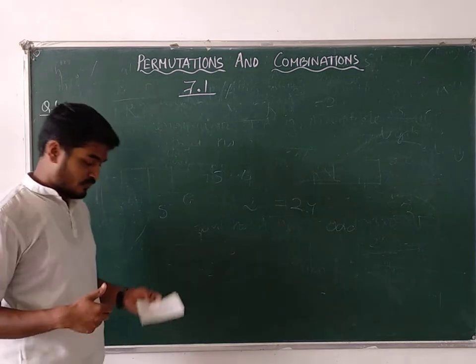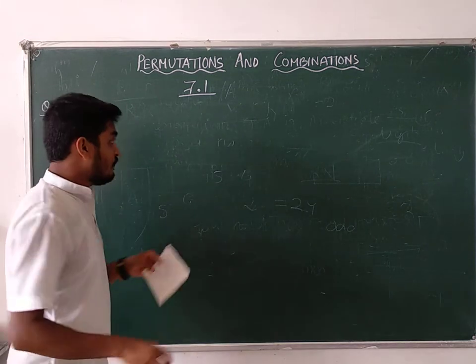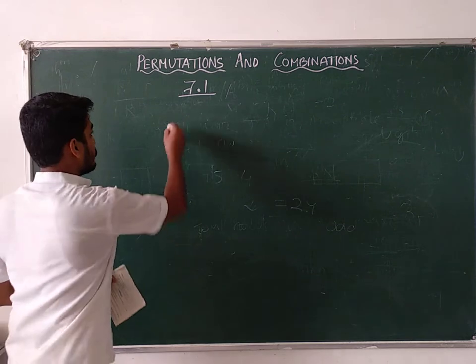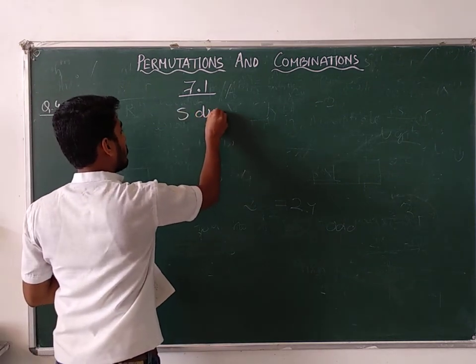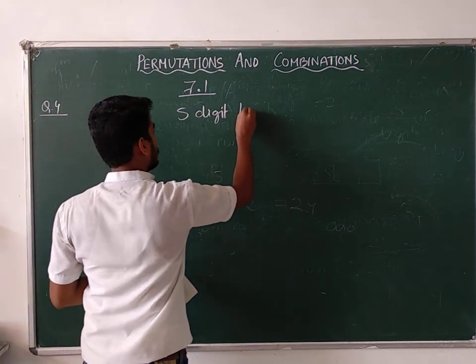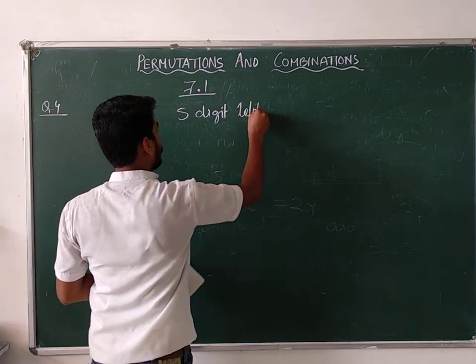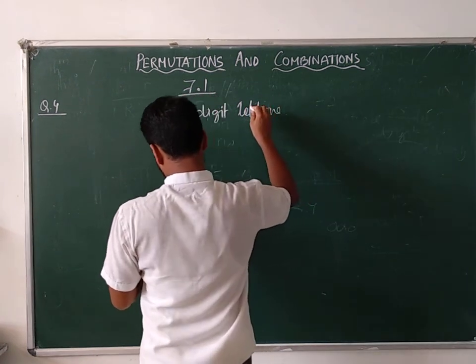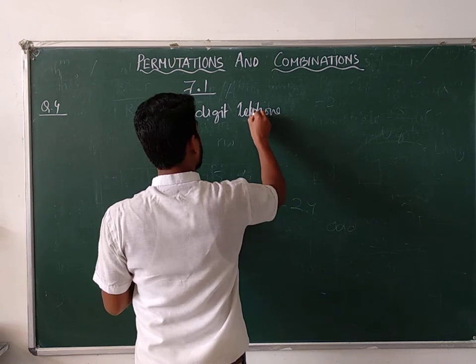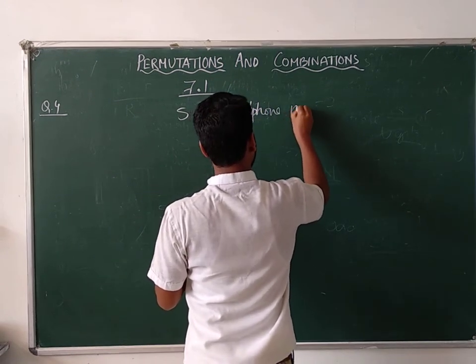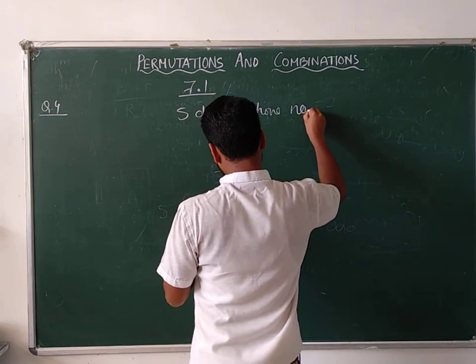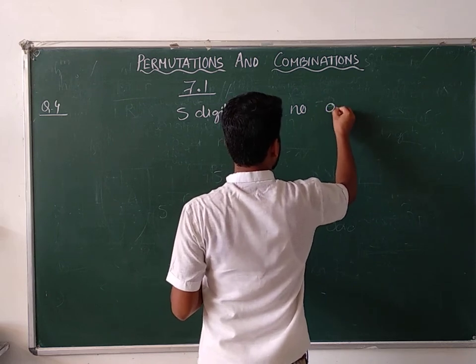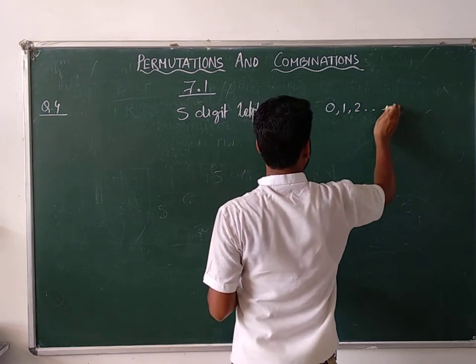Just go to question number 4. What is there? How many 5-digit telephone numbers can be constructed using the digits 0, 1, 2 up to 9?